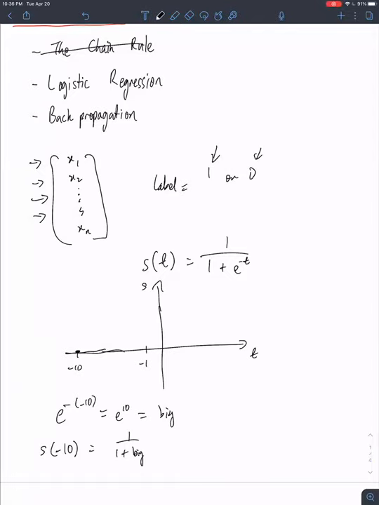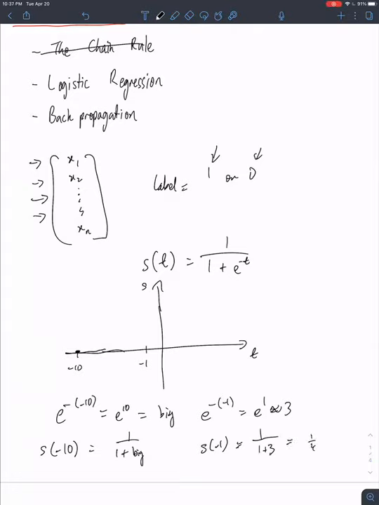Then e to the minus t is e to the minus minus 1, which is e to the 1. And e is very approximately 3. It's about 3, right? So S of minus 1 is 1 divided by 1 plus 3, which is 1/4, right?